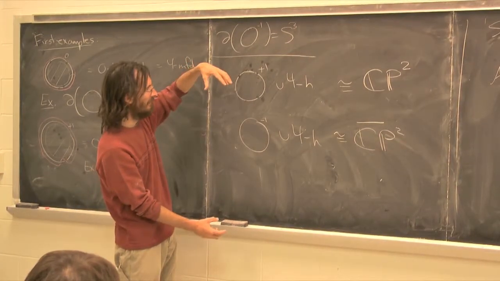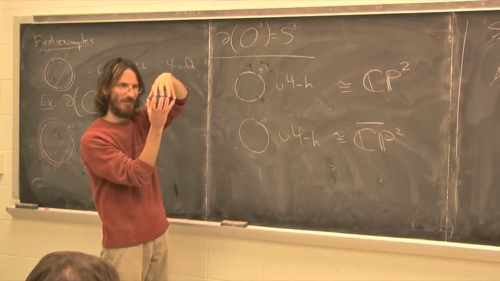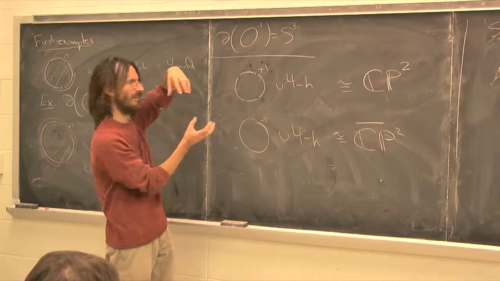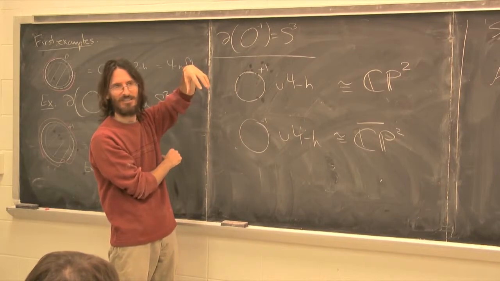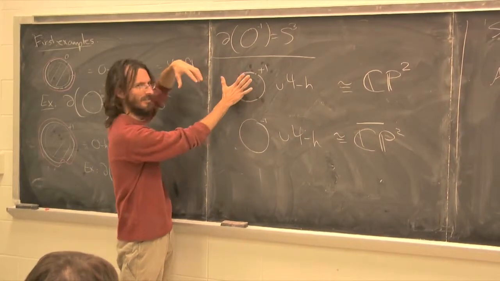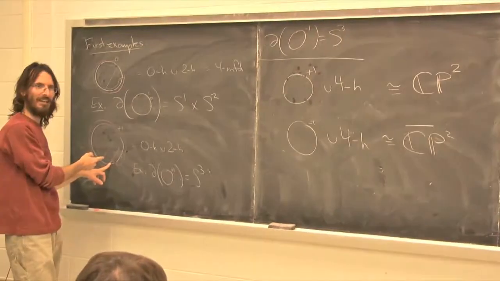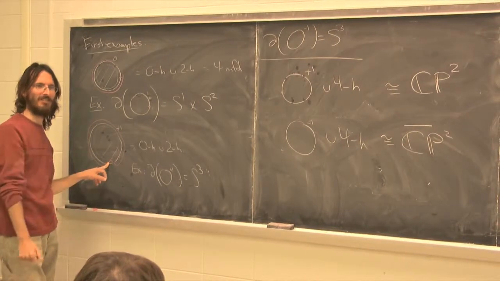I've got a sphere and it pushes itself off in the northern hemisphere at least, and part of the handle doesn't intersect itself. Then I push it off on the southern hemisphere, which is inside the sphere, and I can make it not intersect itself. But to go from one to the other, I have this little kink I have to get rid of, and I'll force a single intersection point.